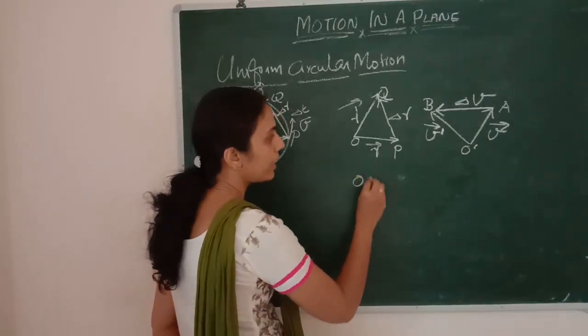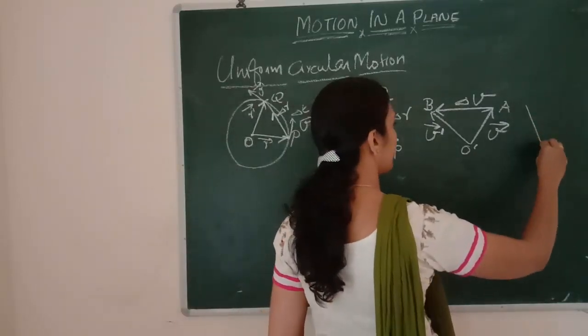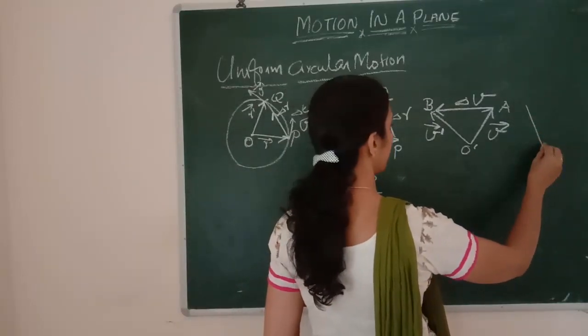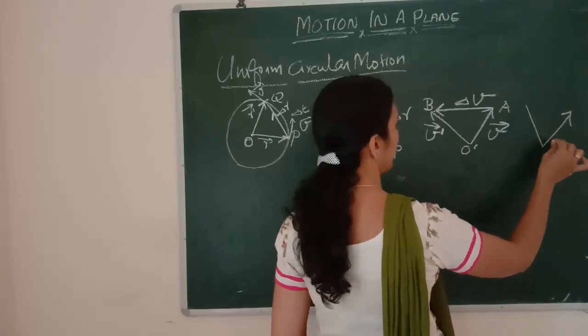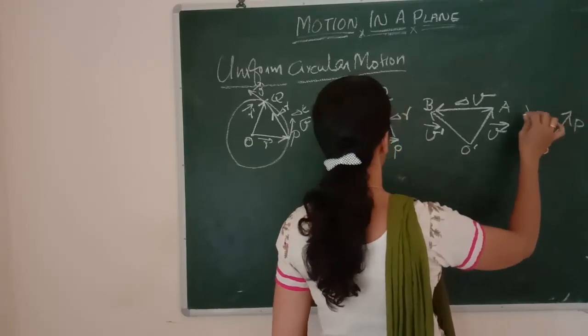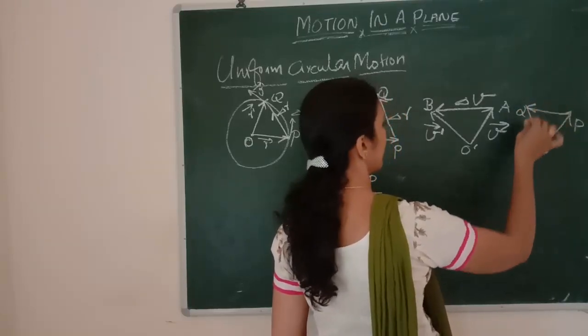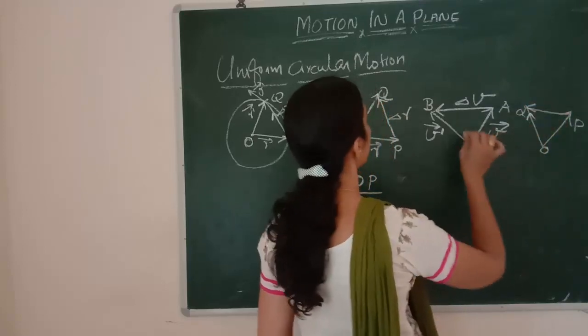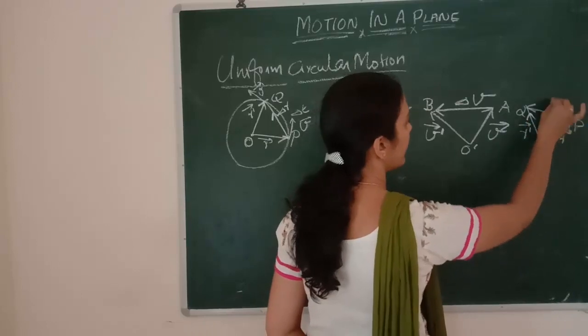Yes, OP divided by... I am redrawing this OP like this. This is P, OP, and this is OQ, and this is R dash. This is R and delta R.